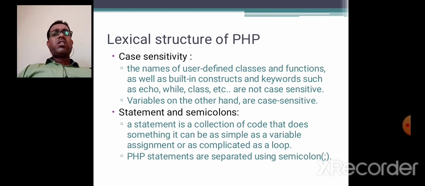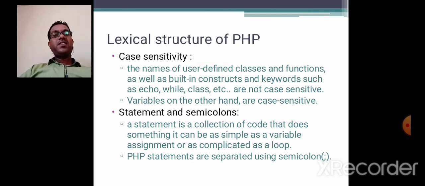So the first point of that lexical structure is case sensitivity. Case sensitivity means words can differ in meaning based on the differing use of uppercase and lowercase letters. We know that words with capital letters do not always have the same meaning when written in lowercase letters.